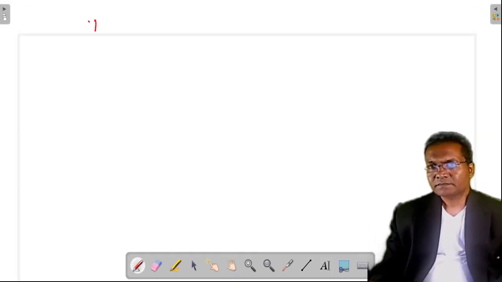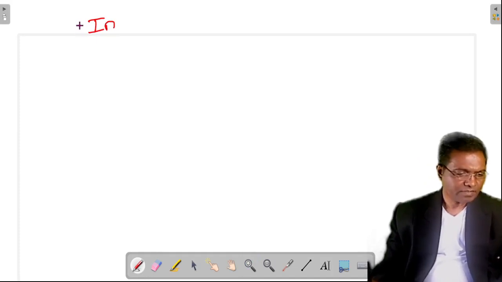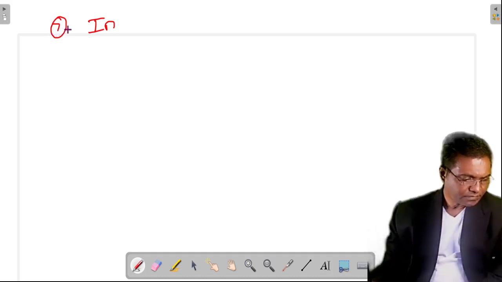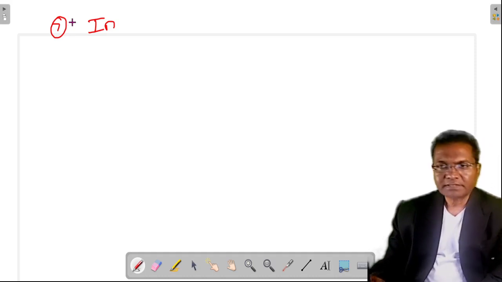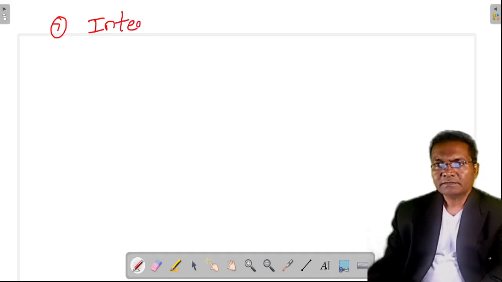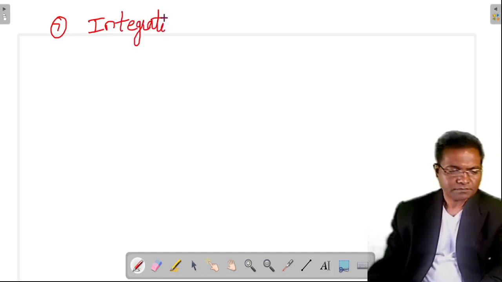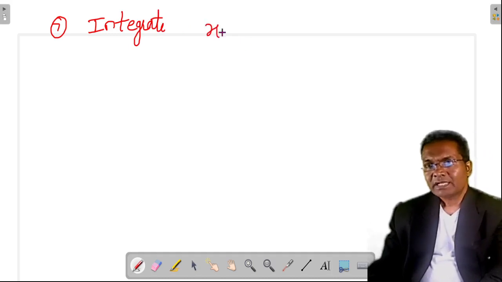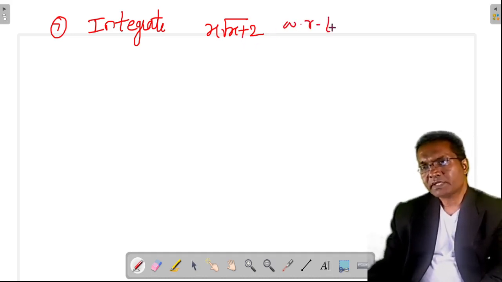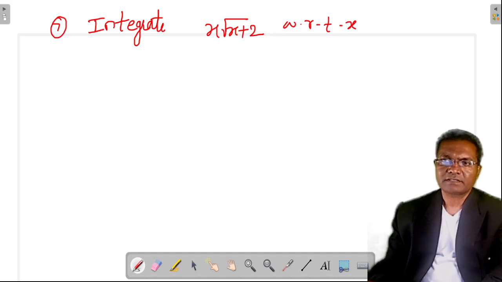Integrate, this is example number 7. In this exercise there are almost 39 questions, and let's see how much I am able to finish in this session. Integrate x root x plus 2 with respect to x.